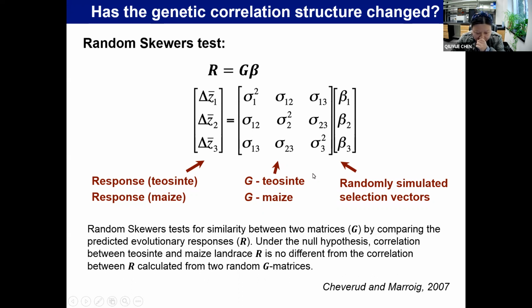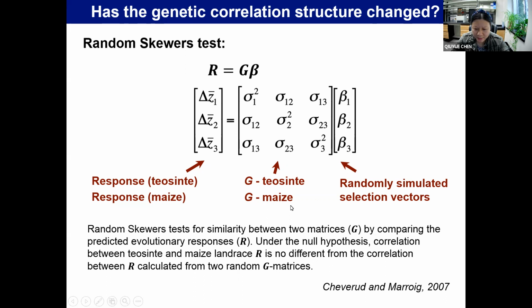Basically, we simulated 10,000 randomly selected vectors, and then compared the response from two random G matrices with the response between Teosinte and maize landrace.